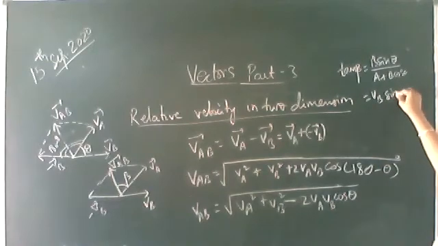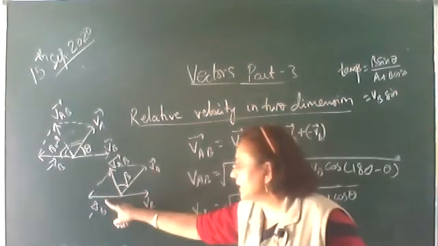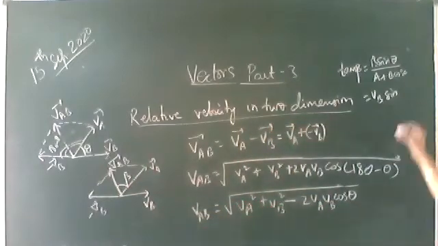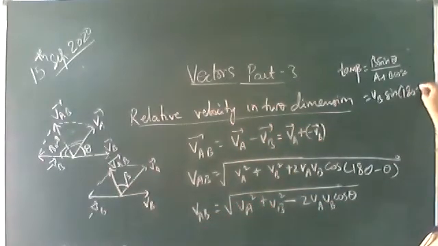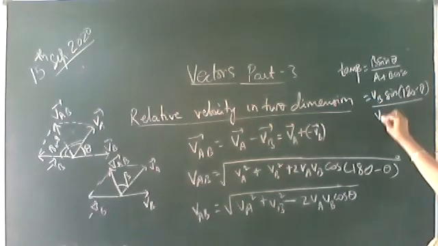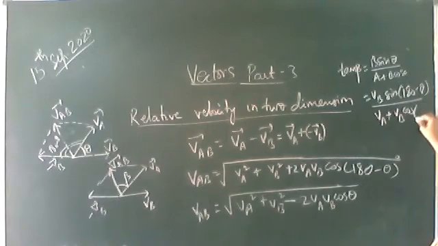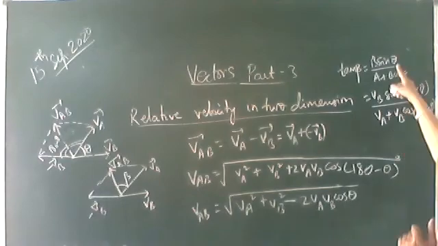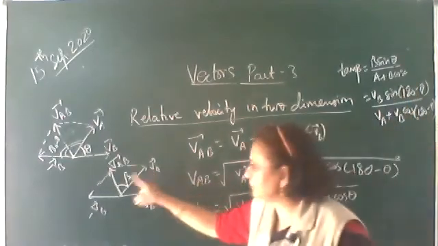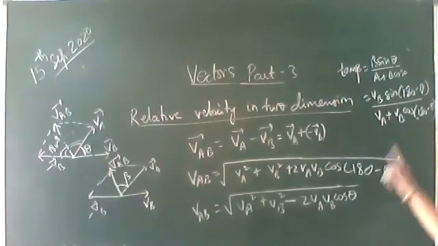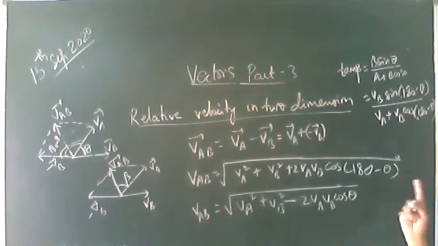Sin, what is the angle between VA and minus VB? It is 180 minus theta. Sin 180 minus theta upon VA plus VB cos, again the angle is 180 minus theta. Sin 180 minus theta is sin theta only. Cos 180 minus theta is minus cos theta.